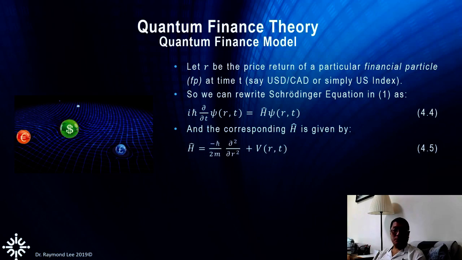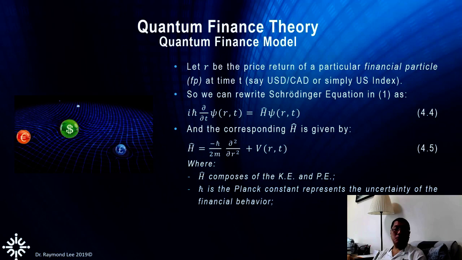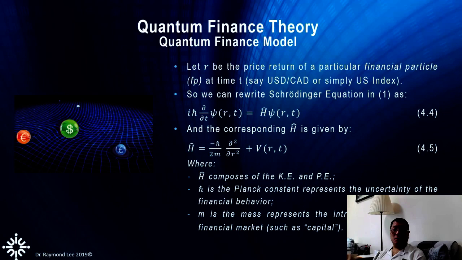So simple as that. And same for the Hamiltonian and also the time-independent Schrödinger equation. So the whole formulation is just a one-to-one mapping, right? But of course the physical meanings are totally different. We are using the price as a kind of thinking for the returns, and we can imagine the Planck constant, in many papers, as a kind of uncertainty for the financial behavior, and the mass will be the intrinsic potential for the financial market.